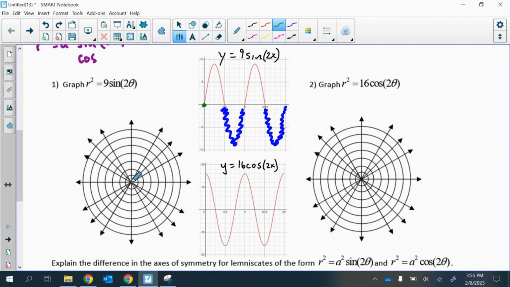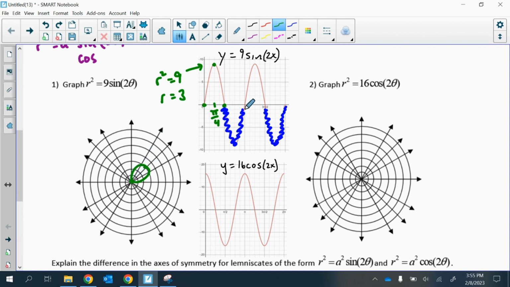So we'll start at 0, and then on this we get at pi over 4, comma 9. Now remember, the y value represents r squared. So if r squared equals 9, that means r equals 3. So by pi fourths, we're at 3, and then by pi halves, we get back down to 0. So it'll look something like this.